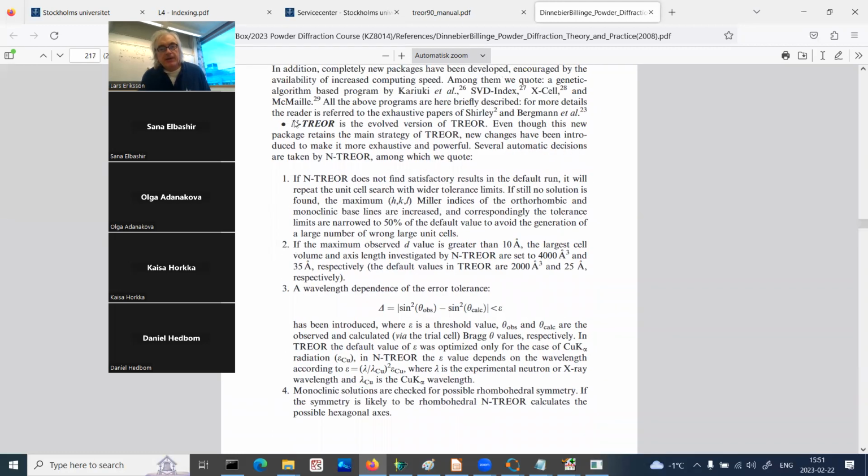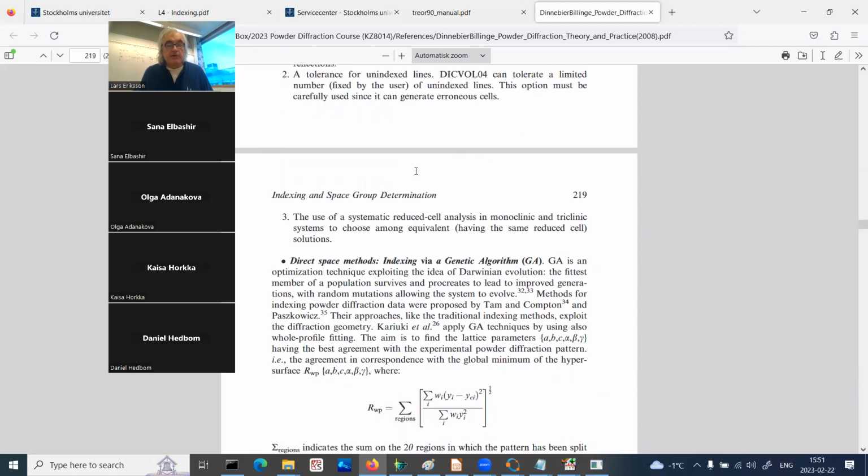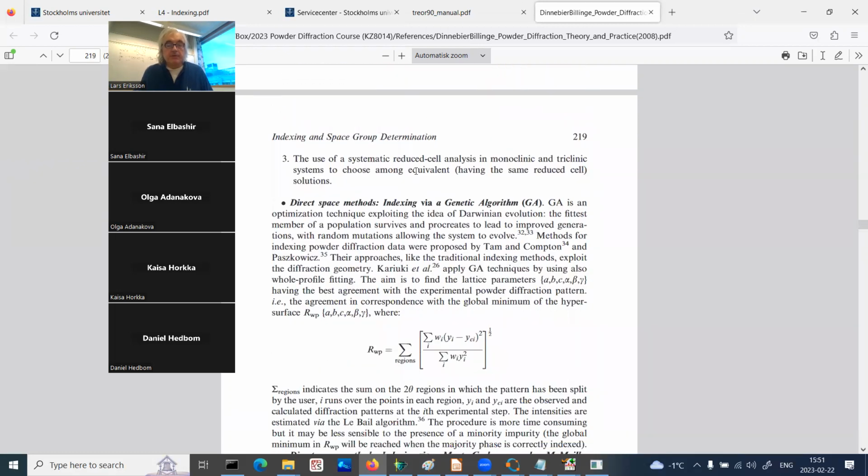And Treor is a new version, or I don't know if it has evolved, but that is part of some, Expo, for example. And DICVOL04 and DICVOL06, I think 06 is the last one.